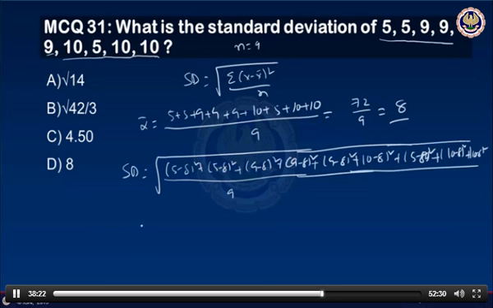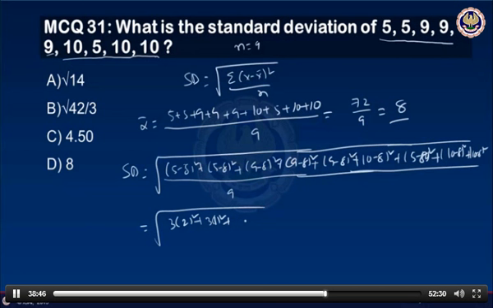If you look at this data, 5 minus 8 whole square is repeated 3 times, and similarly 9 minus 8 whole square is repeated 3 times, 3 into 1 whole square.